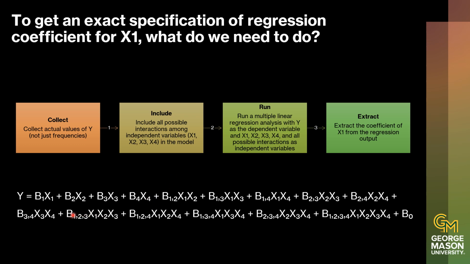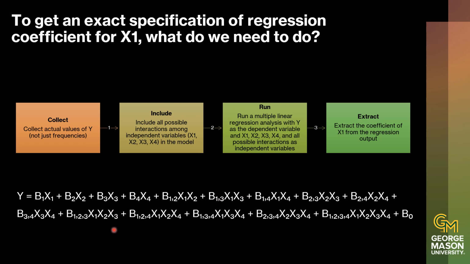So here you can see how you have x1, x2, x3, all these products, x4, and then moving on to a compound product of x1, x2 with b1,2, x1, x3, x1, x4, x2, x3, all the way to b2,3,4, x2,3,4, b1,2,3,4, x1, x2, x3, x4.